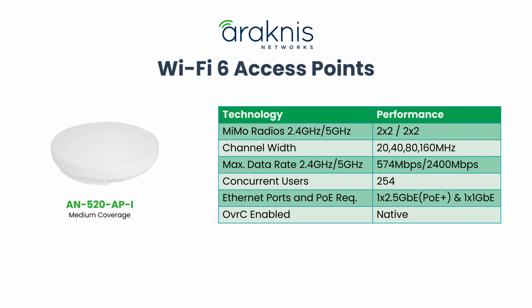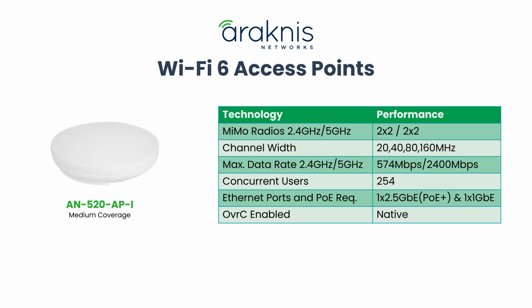Now, this next characteristic of concurrent users is really cool. It's not how many devices can simultaneously broadcast. I know concurrent makes it sound that way, but this is how many devices my access point is communicating with on a regular basis in a short period of time, meaning how many devices are currently authenticated to the access point and how many devices are trying to authenticate. Can I connect?